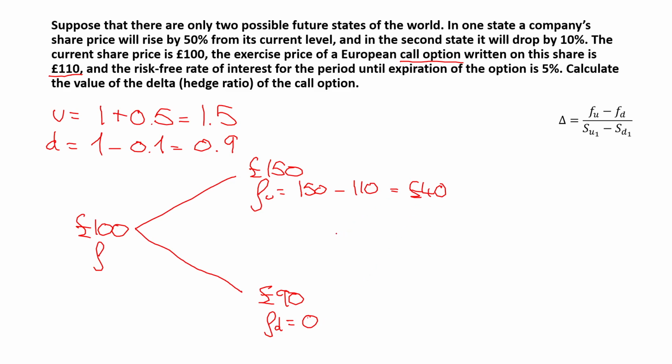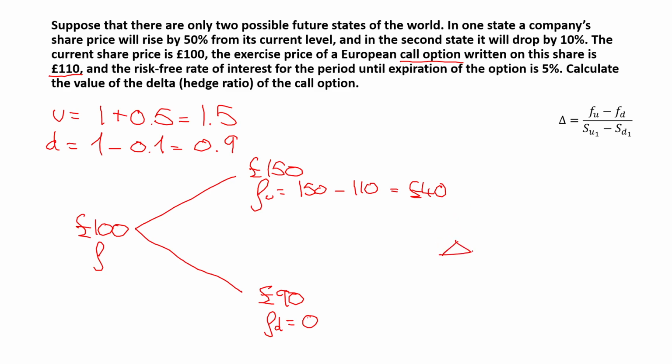Very good. So now we have the option values, FU and FD, and we also have the stock values, SU, the stock price once it's gone up, and SD, the stock price once it's gone down. So now we can calculate the delta.